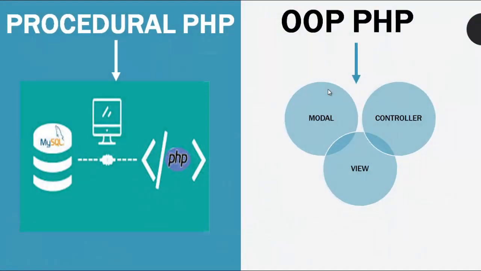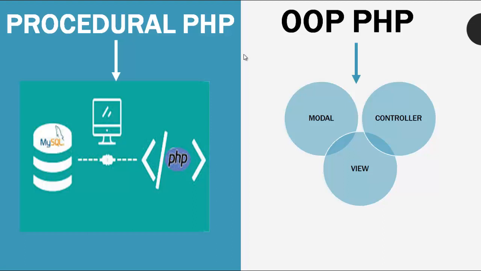Now we know that there are two types of PHP. First is procedural PHP and second is object oriented PHP. So what is procedural PHP? It is what we did previously, like the login system.